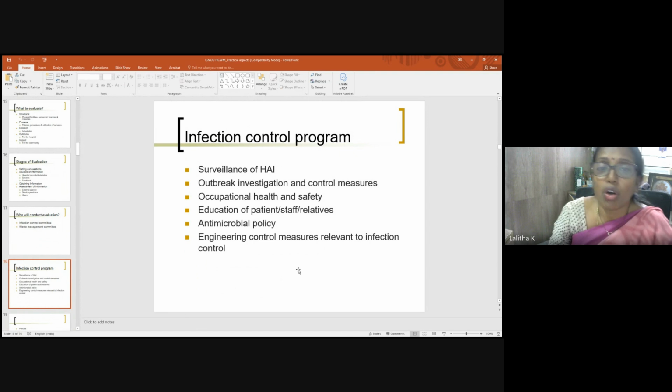Coming to the infection control program, I think all of your hospitals will have one. This is also one of the administrative requirements which needs to be there. What is the program? I think you all know this. It's basically looking out for surveillance of hospital-acquired infection, outbreak investigation and control measures, occupational health and safety measures, education of safety, antimicrobial policy, and engineering control measures.